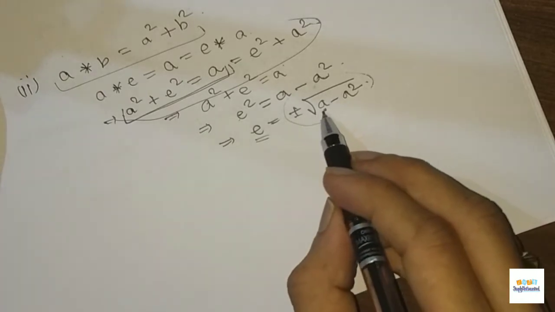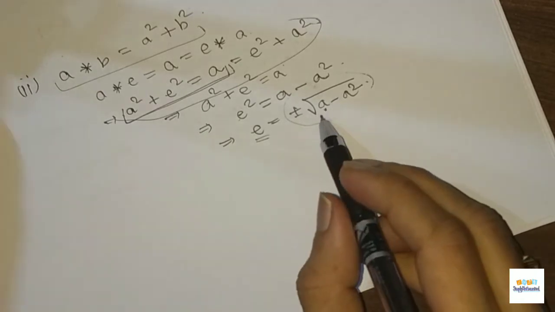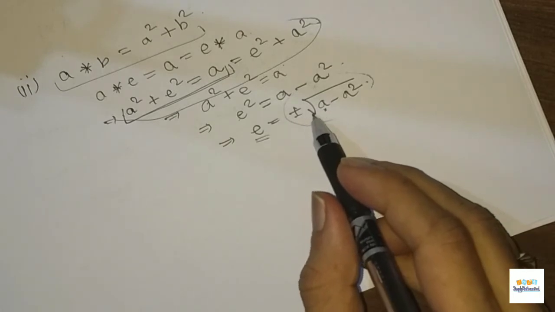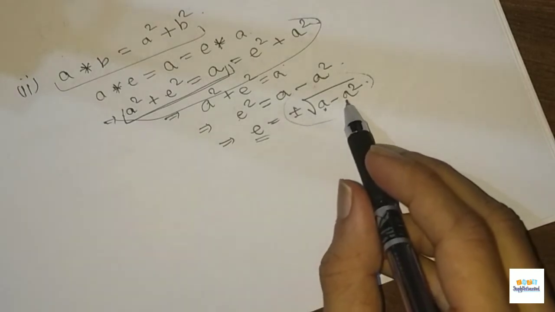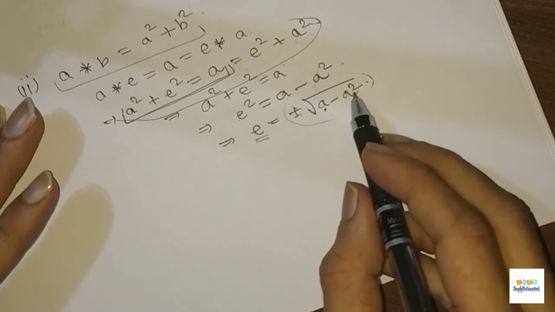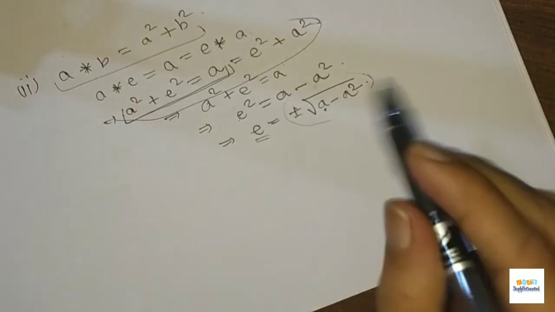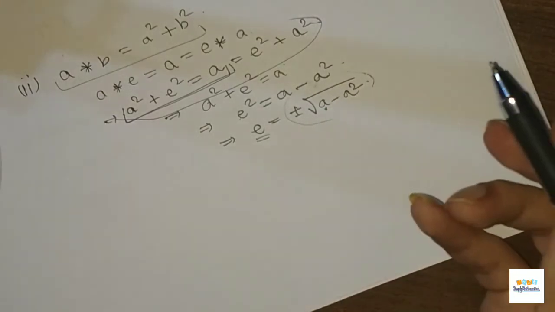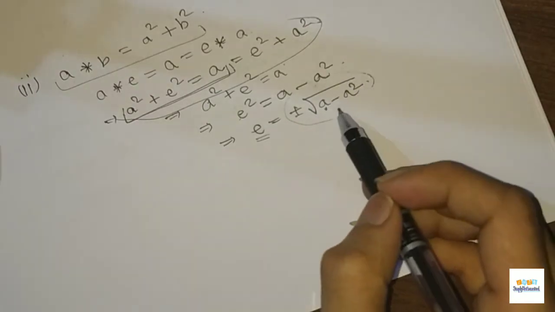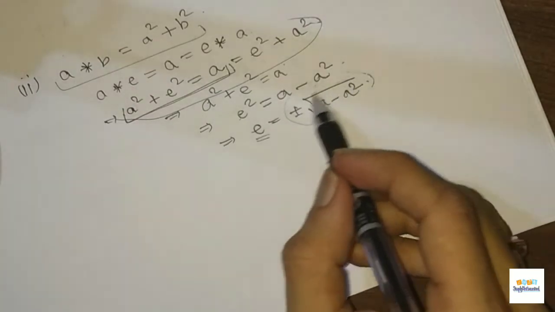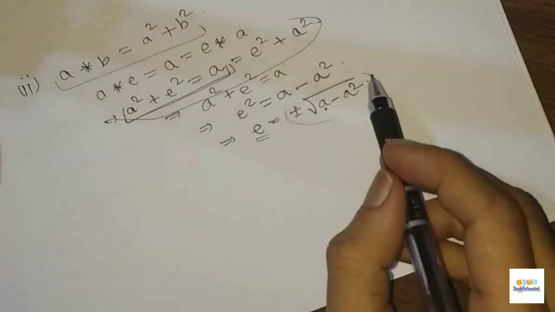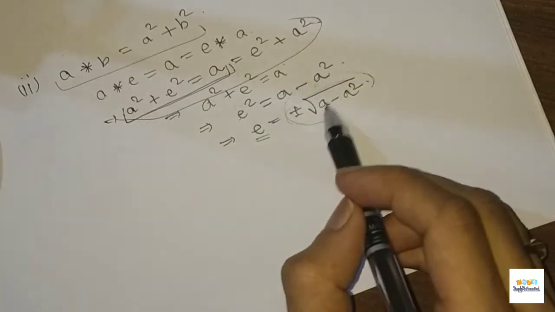Then if you take a equal to 2, you get plus or minus root of 2 minus 2 square, which is 2 minus 4, which is minus 2. You are getting an imaginary number, so there is no value in real numbers for a equal to 2.